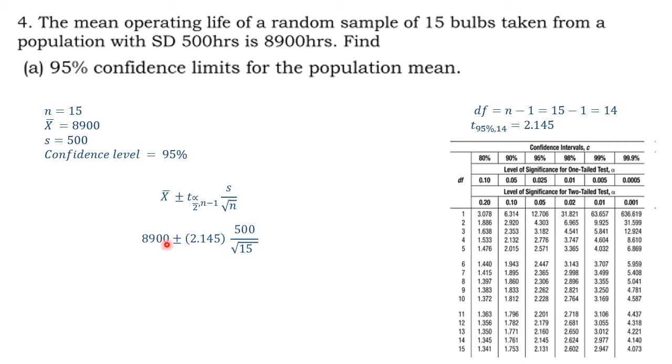X bar is 8900. S 500 over root 15. Solve it two times, first time with minus and second time with plus. Use your calculators to find the answer. So we have this as confidence interval for the population mean.